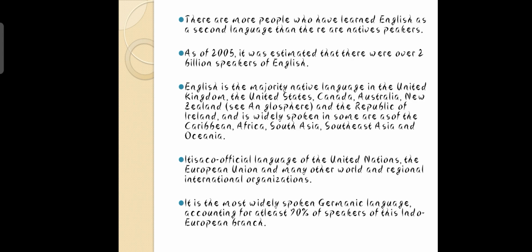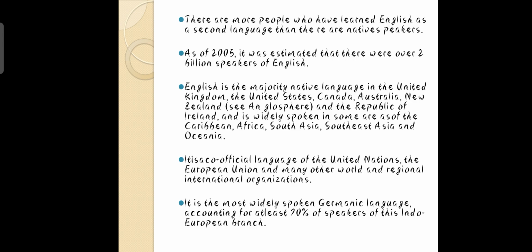English is the majority native language in the United Kingdom, the United States, Canada, Australia, New Zealand, and the Republic of Ireland, and is widely spoken in some areas of the Caribbean, Africa, Southeast Asia, and Oceania.